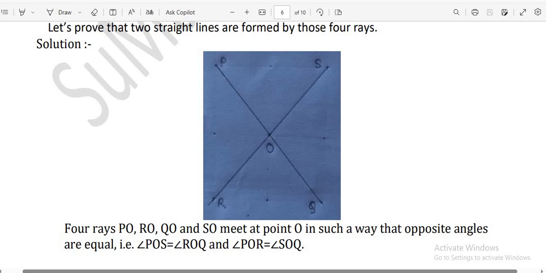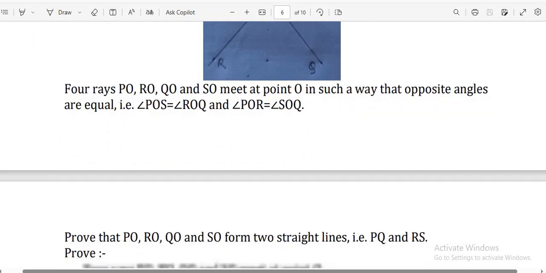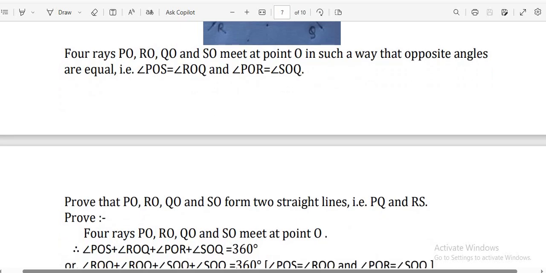That is, angle POS is equal to angle ROQ and angle POR is equal to angle SOQ. Then prove that PO, RO, QO and SO form two straight lines, that is PQ and RS.